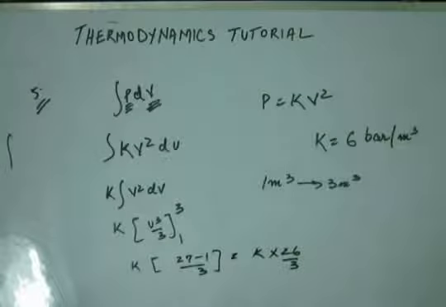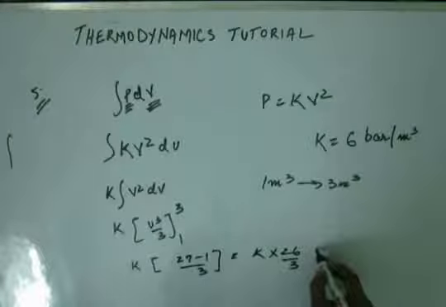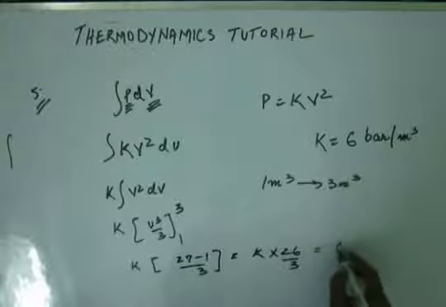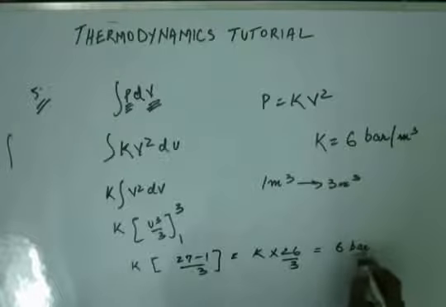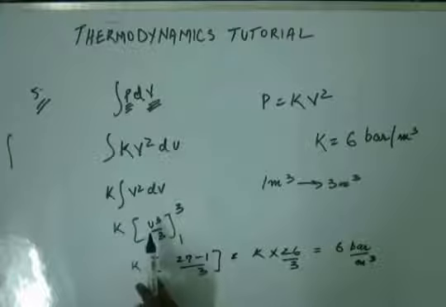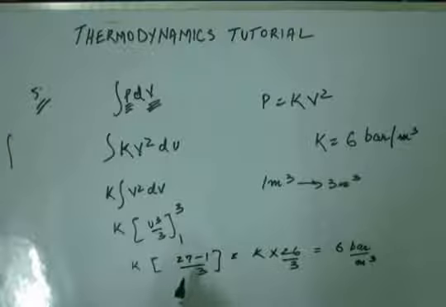Now you will have to put the value of K. So K is 6 bar per meter cube. Alright, so if you put the value 6 bar per meter cube. Now remember this volume is a cube of V. So here we put the value of V with the unit.